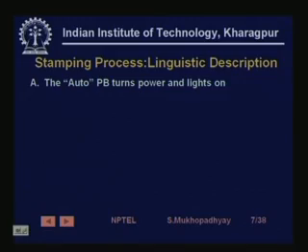So in step A, it says that if the auto push button is pressed, so that is an operator input, it turns the power and lights on. So there is possibly a switch, one or more switches, but we will consider it to be one, which will turn the power and the light on the moment the auto button is pressed.